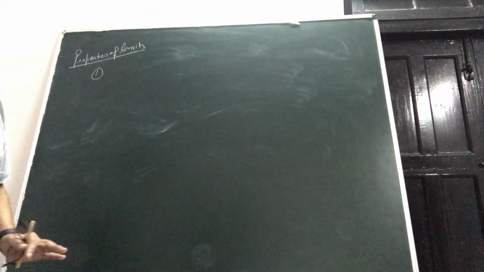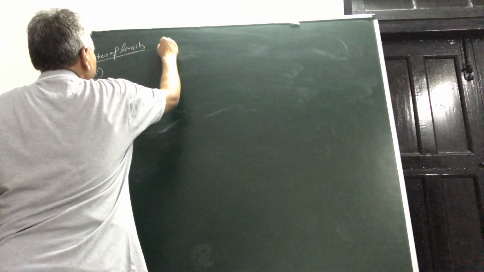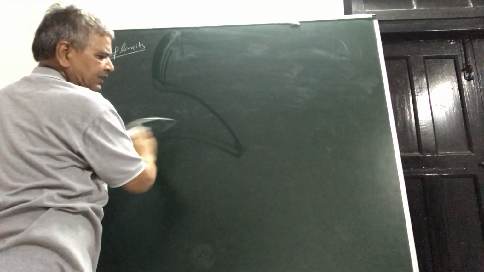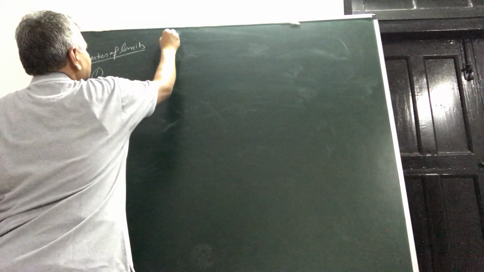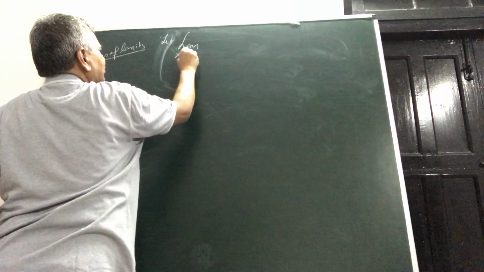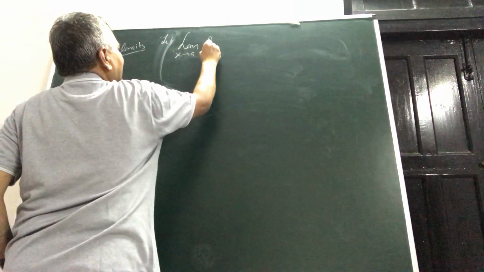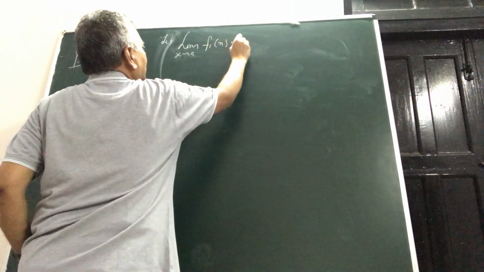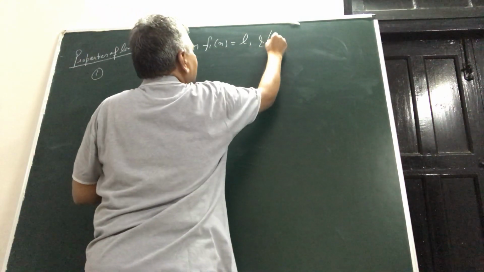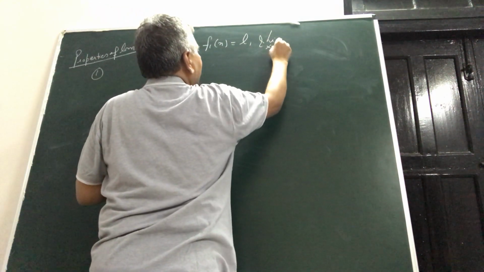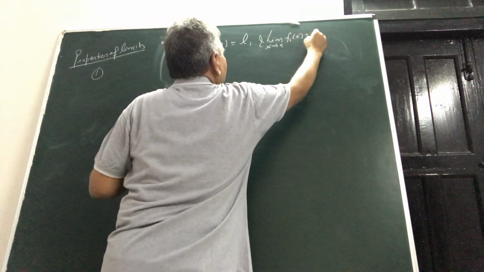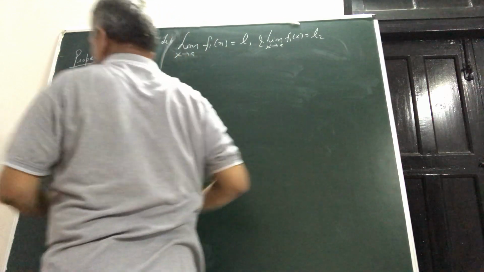There will be a good number of properties. So what we will assume, we let individual limits of these functions exist. Let limit x tending to a f1(x) is equal to L1 and limit x tending to a f2(x) is equal to L2.